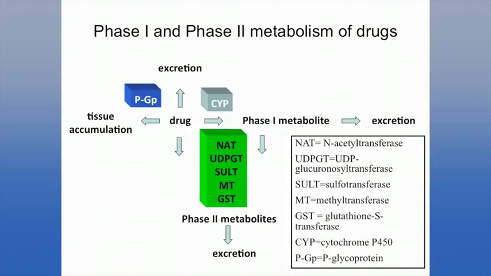Then, just to confuse you ever so slightly, the drug may undergo phase 1 metabolism first, and that metabolite can then undergo phase 2 metabolism. Or the drug can undergo CYP metabolism first and then undergo phase 2 metabolism to produce a phase 2 metabolite. These processes are interchangeable and can occur in any sequence. The primary purpose is to convert the drug into a more excretable form.